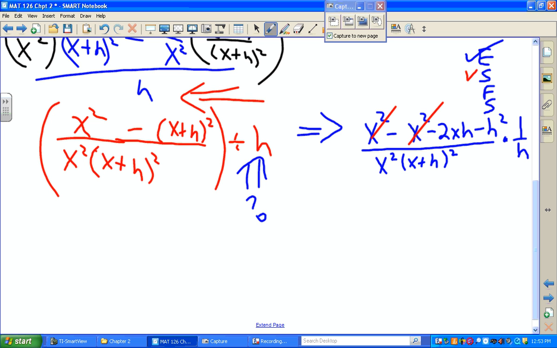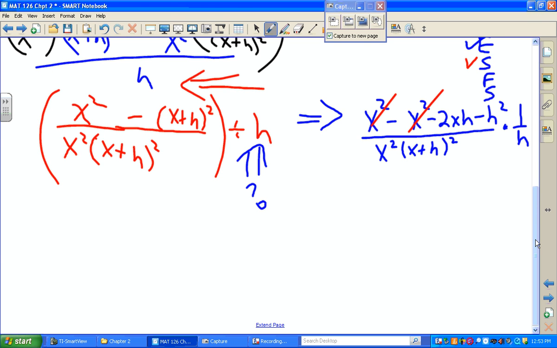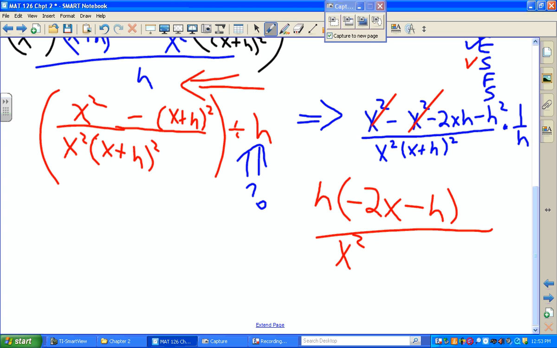Factor. What are you going to factor? Oh, contraire, mon frere. The h's. Oh, you want to take out negative h? That's fine. I would take out just an h, probably. 2x minus h all over x squared, x plus h squared times h.